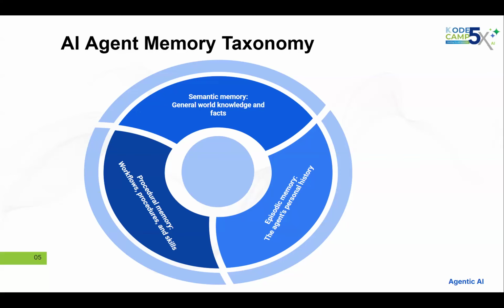That is what is stored as episodic memory. Now, episodic memory could contain aspects that should or could be persisted as semantic memory, as well as information that could or should be persisted as procedural memory.